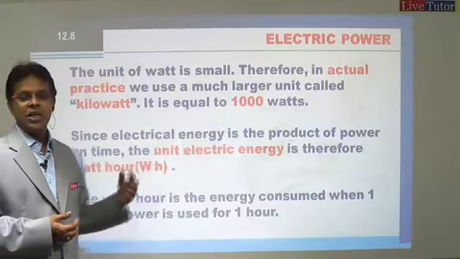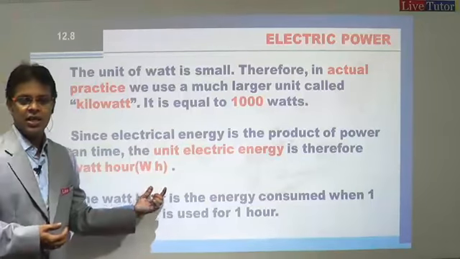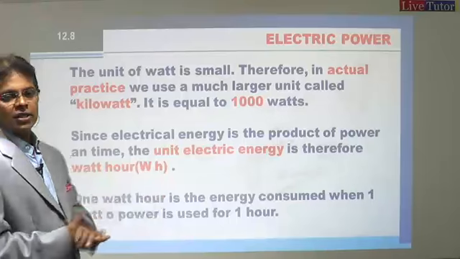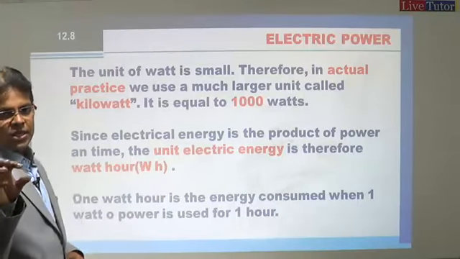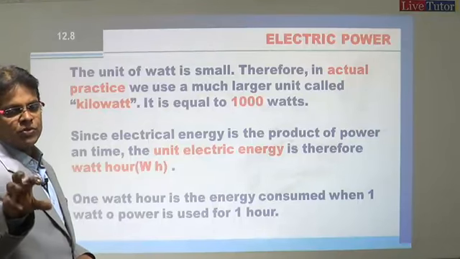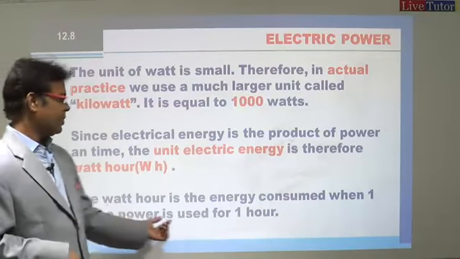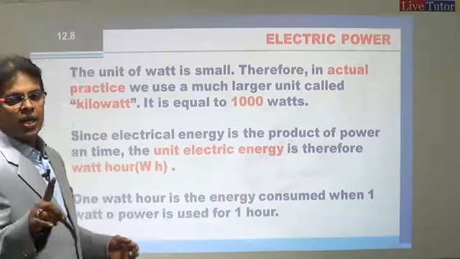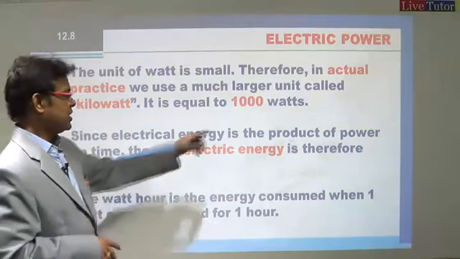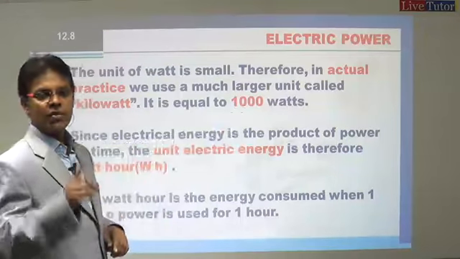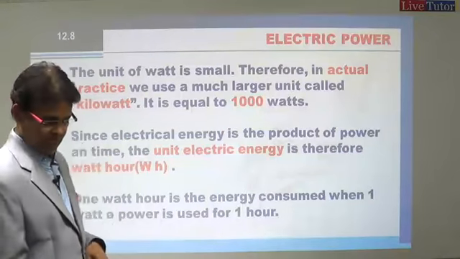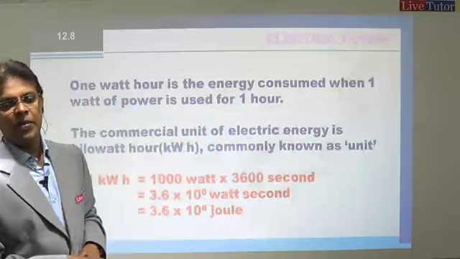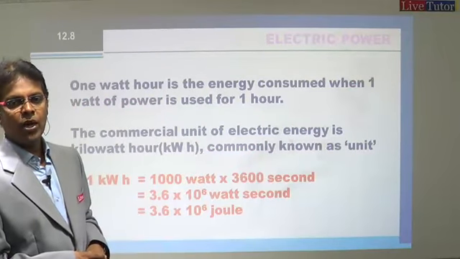Kilo is 1000, and hour since it is utilized for 1 hour. 1 watt hour is the energy consumed when 1 watt of power is used for 1 hour. If 1000 watts is used for 1 hour, we say it is 1 kilowatt hour. That is the practical unit.